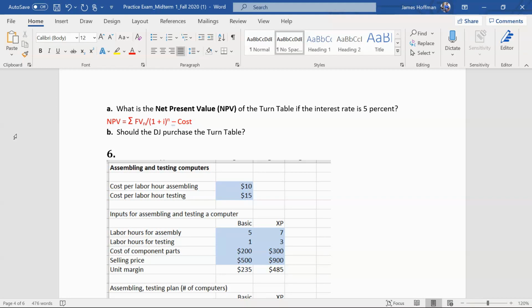Then after you do all the sums of all the payments, you gotta subtract the cost. Okay? So the net present value is the sum of all the future payments discounted minus the cost.